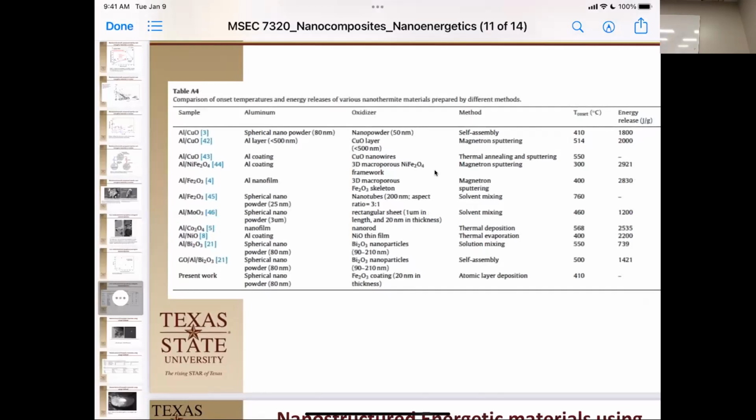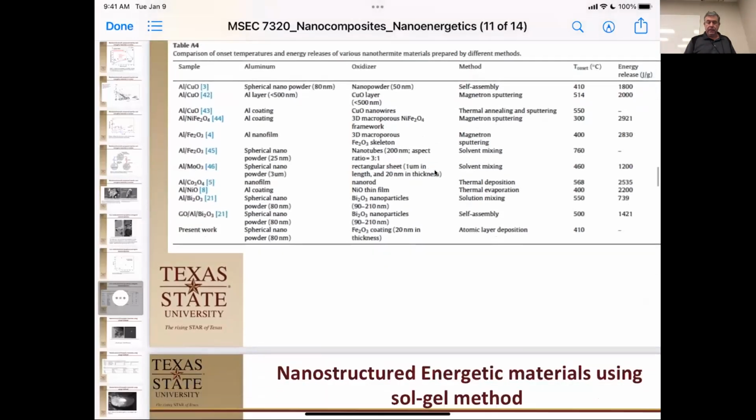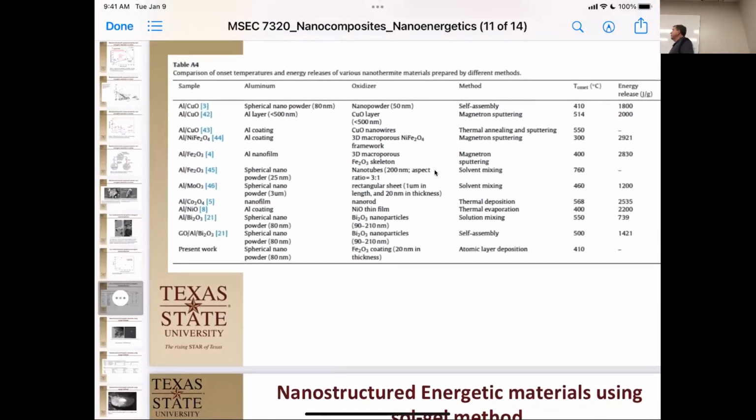And then by going to the larger molecules like the bismuth oxides, even though they're almost not in the nano range, they're still giving us a good power output. And then this is the one they did by atomic layer deposition, and they had a low onset temperature, which means it should be easily and safely detonated at 400 degrees C. Okay. So that's what we call a layered self-assembly method.